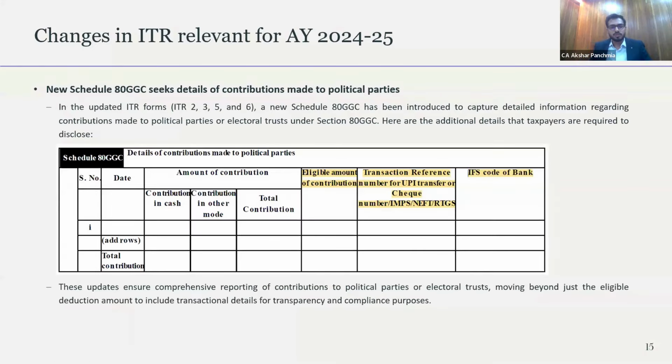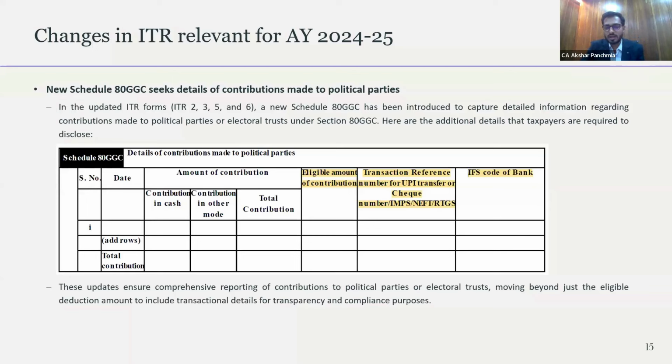Coming to the contributions made to political parties, in this case, a further disclosure is required where not just the amount, but at the same time, the transaction reference number, whether you have done it by UPI or IMPS, cheque, NEFT, RTGS, whatever it be, you have to provide your transaction reference number over here, and you have to mention the IFS code of the bank.